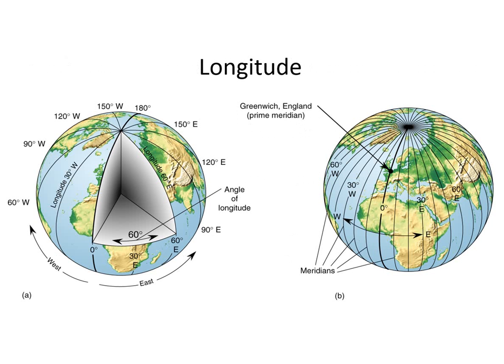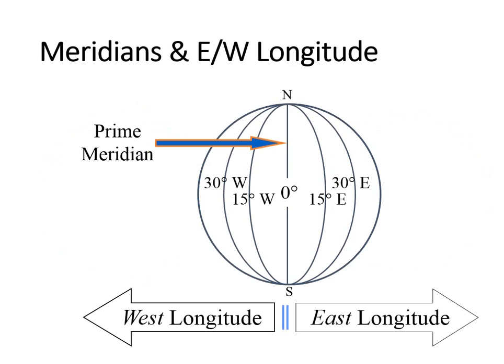Longitude, on the other hand, is where you want to figure out where you are relative to this arcane, abstract ideal, because of historic reasons, which runs right through Greenwich, England, and that's called the prime meridian. So longitude is talking about moving east-west, whereas latitude is talking about moving north-south. Latitude lines are called parallels.